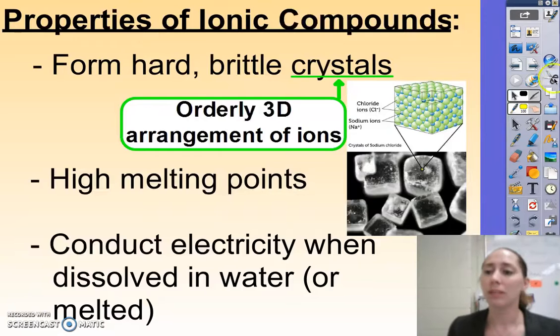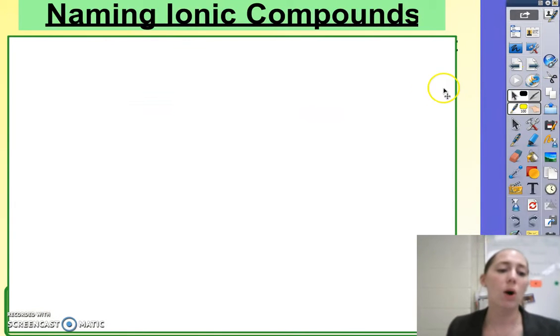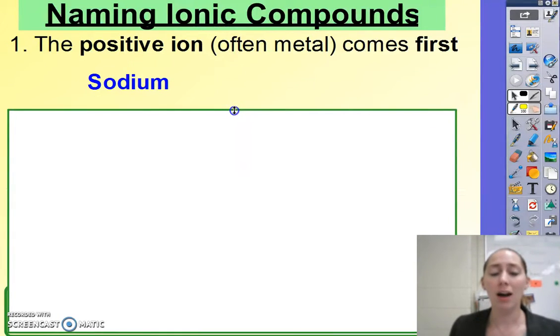Now, you might be wondering why the names of ionic compounds like lithium fluoride and sodium chloride sound a bit different than some of the elements we see on the periodic table. So let's talk about how to name ionic compounds. First off, you would write the positive ion, which is often the metal, first. In this case, sodium.